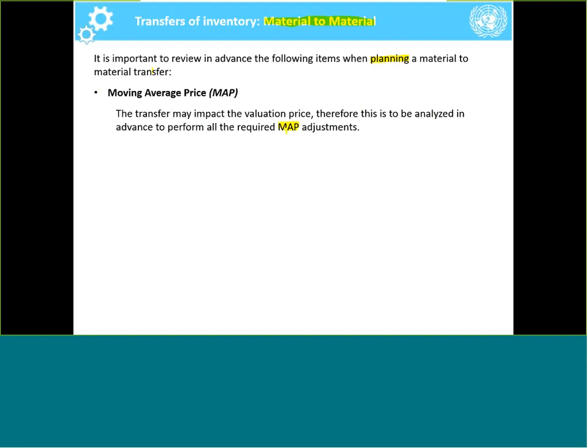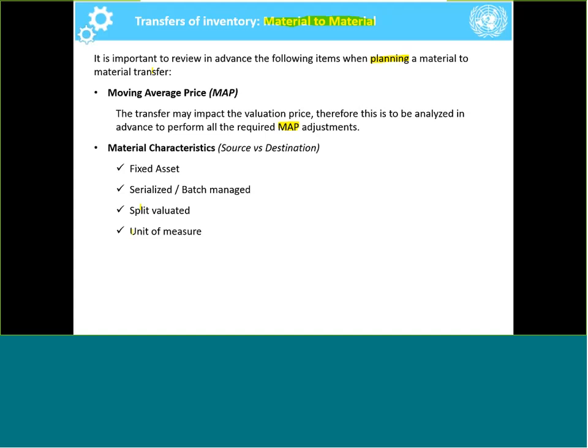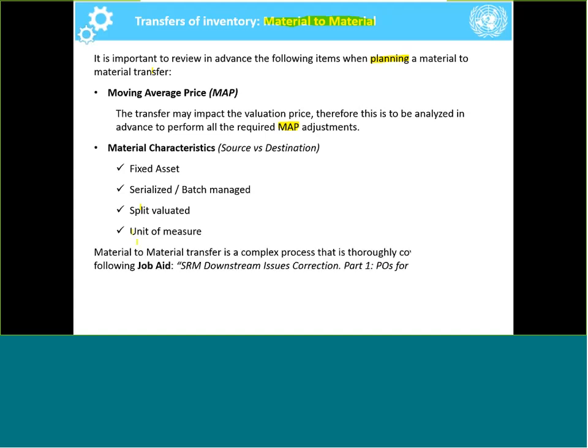You need to consider also the material characteristics, both of the source and of the destination. You need to consider if any of those are fixed asset materials, if they are serialized or batch managed, if they are split valuated, meaning they consider old versus new materials, and which is the unit of measure of each material.